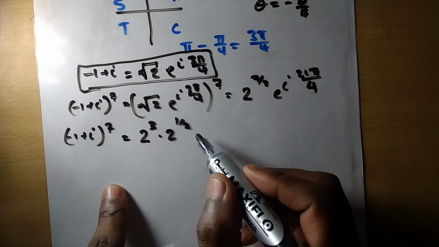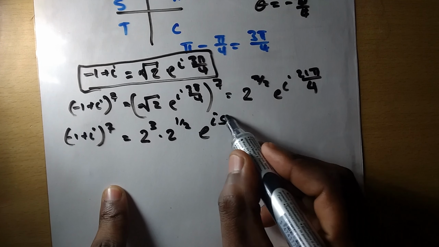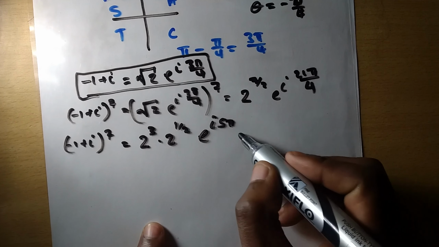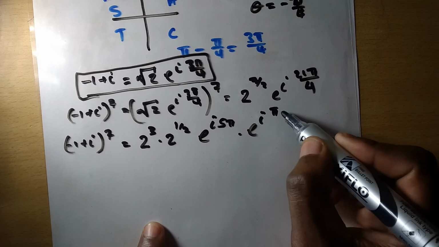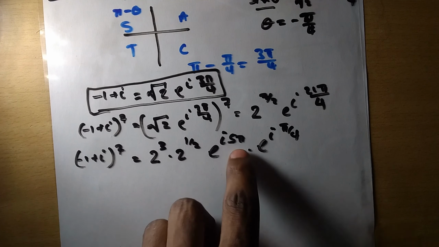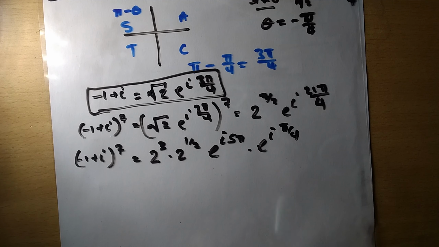Now what's going to happen is I'm going to have e to the I 5 pi multiplied by e to the I pi over 4. Now somebody will ask, but you said that we have 21 pi over 4. If you multiply 5 pi by 4 and divide it by 4, it's going to be 20 pi over 4, which when we add to that becomes 21 pi over 4. Alright, so we don't need to stress too much about that. Now let us continue.